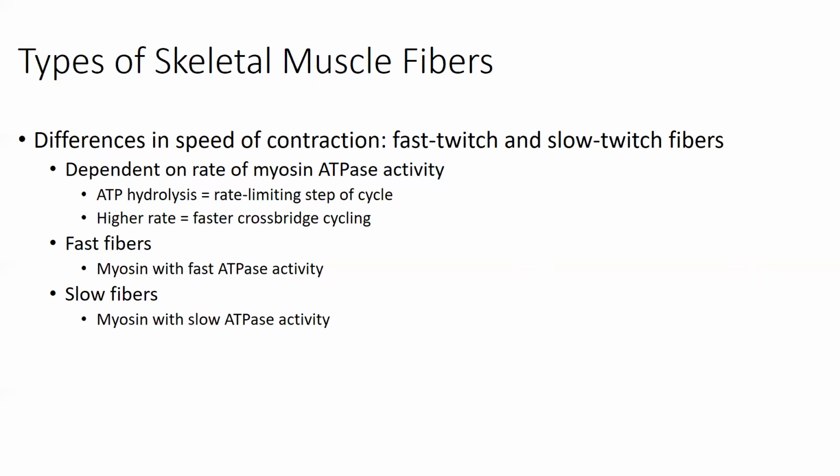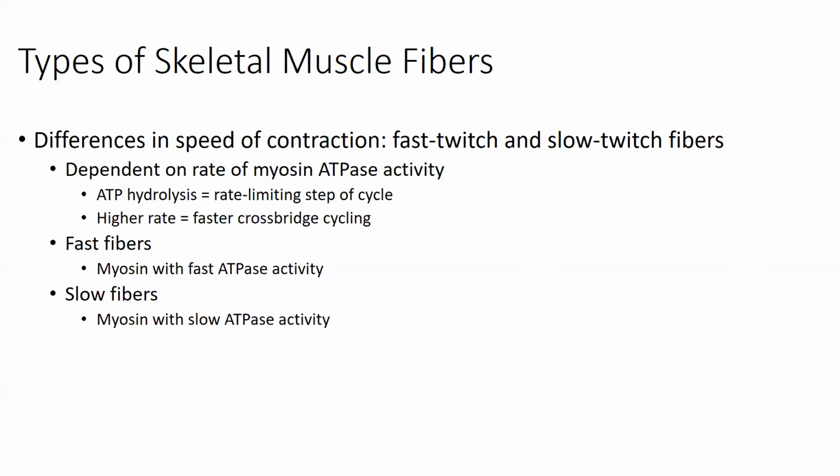There's a fast myosin head, right? That's going to contract very rapidly. That's going to form a lot of cross-bridge cycles per second. Okay? And then there is a slow myosin head, and that is going to be found in slow fibers. That's going to contract much slower. It's not going to give you as many cross bridges per second as your fast myosin head.